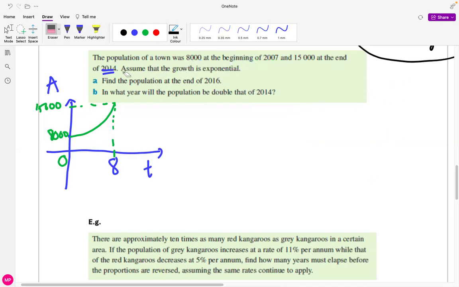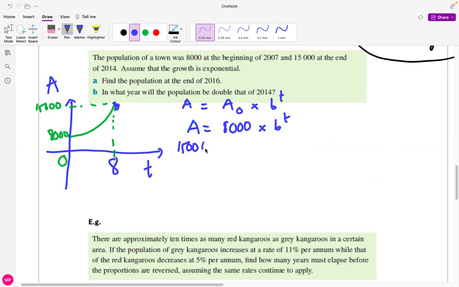We're going to call the model the same thing, A equals A0 times b to the power of t. A0 is 8,000, times b to the power of t. Now they give us the point, so we can sub it in and find b. So A is 15,000, equal to 8,000 times b to the power of 8.